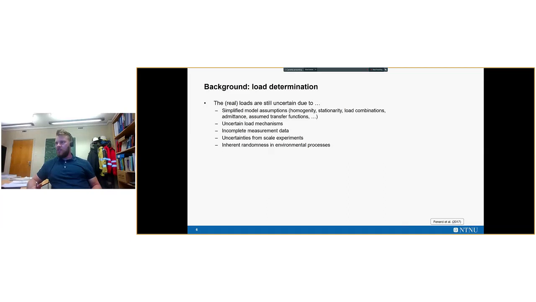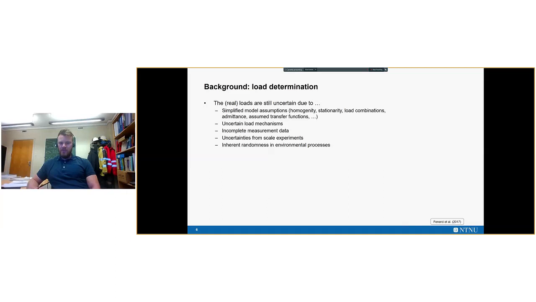Sometimes the load mechanisms are also uncertain, and the measurements we do on site are what we call incomplete. They are measured at a limited number of points. For example, with the wind measurements, we cannot know the whole wind field in every point of the space around the structure.